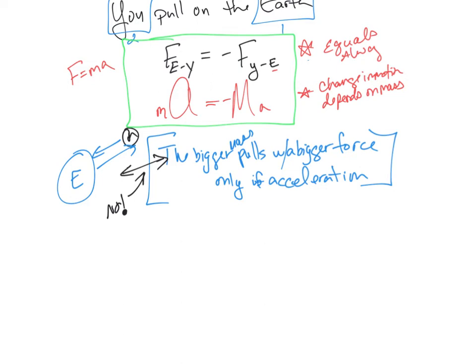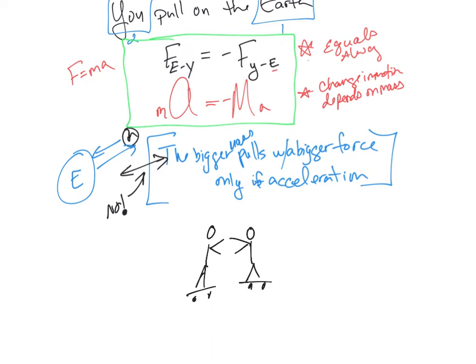Here's another place where there's a big misconception. Let's say that we have those two guys that we had earlier that are standing on their skateboards, and they're having their little push war here, to see who's going to get knocked off the skateboard.